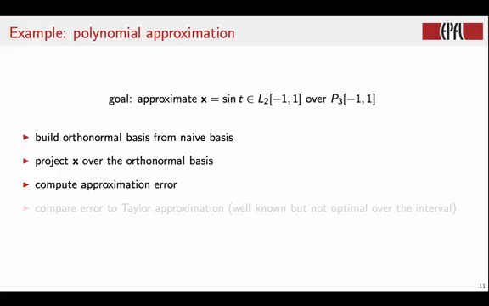We will then compute the approximation error and compare that to what is probably the most common approximation of the sine function over an interval, which is Taylor approximation. The Taylor approximation is well known and easy to compute, but we will show that it is not optimal in the mean square error sense.